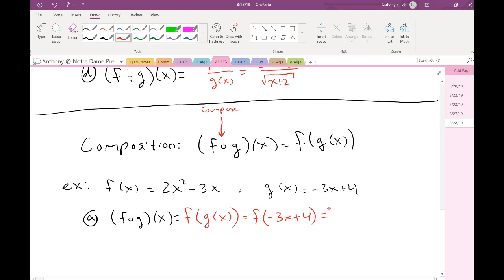And then what I like to do is rewrite f of x, except wherever there was an x, I'm going to write a parenthesis. And inside that parenthesis, I'm going to place that expression for g of x.